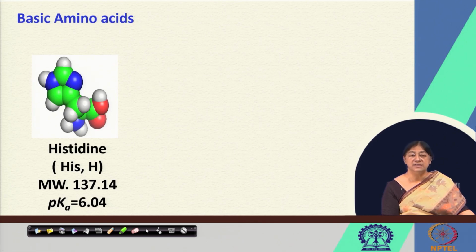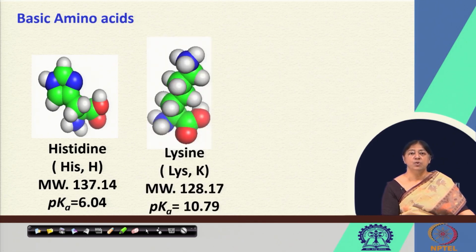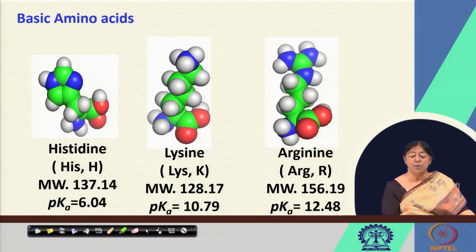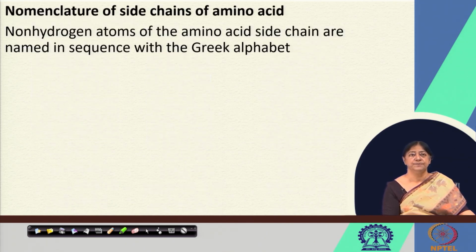So, whether it's histidine that has an imidazole group, lysine that has the epsilon NH3 plus group, or arginine that has a guanidino group, we see the extra nitrogen atoms here. Now, how does this help us in understanding? We will see as we go along, not only in the interactions, but also in very important aspects of proteins.